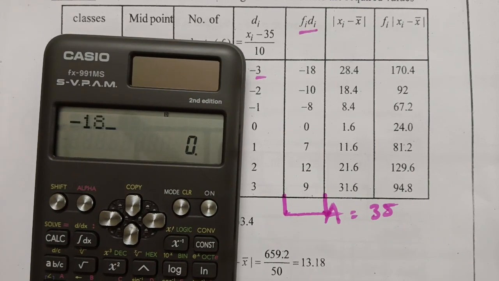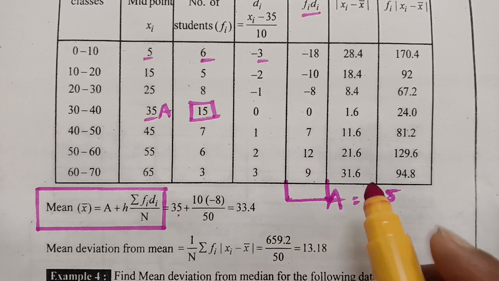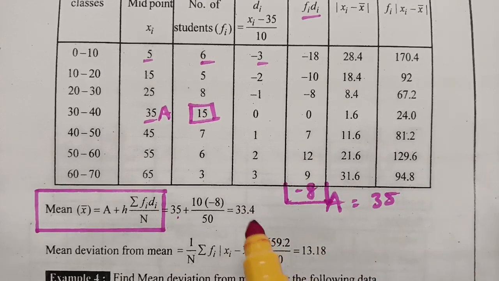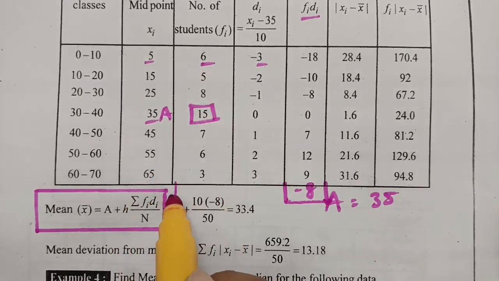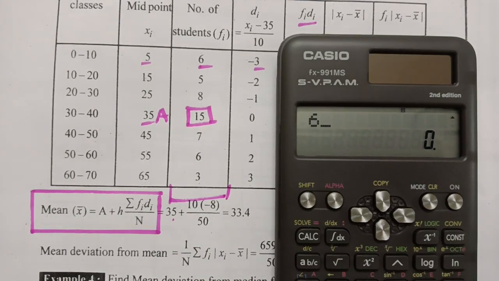This is minus 18, minus 10, minus 8, plus 7, plus 12, and plus 9. The value here is minus 8. And frequency total: the total for the frequency here is 6 plus 5 plus 8 plus 15 plus 7 plus 6 plus 3.